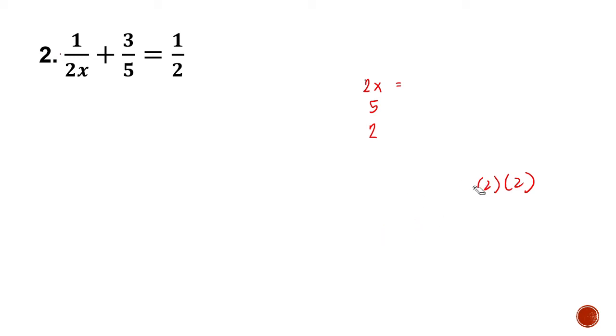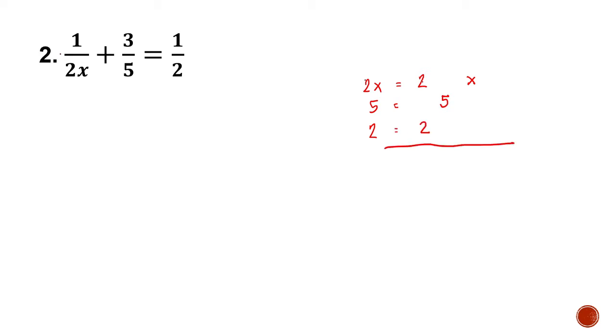So yun ang gagawin natin dyan sa tatlong yan. So we are going to factor 2x. Ang factor lang naman ng 2x is 2 times x. Ang factor ng 5 is actually 5 and 1. So we cannot factor 5 further. So we copy 5. We cannot factor 2 any further.